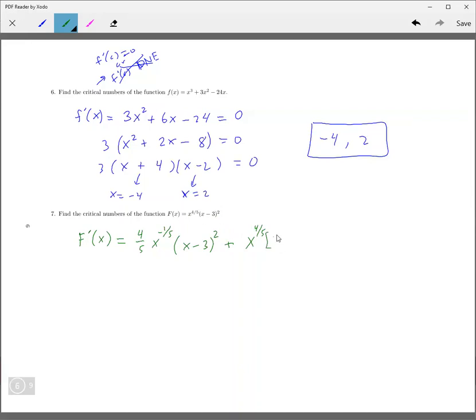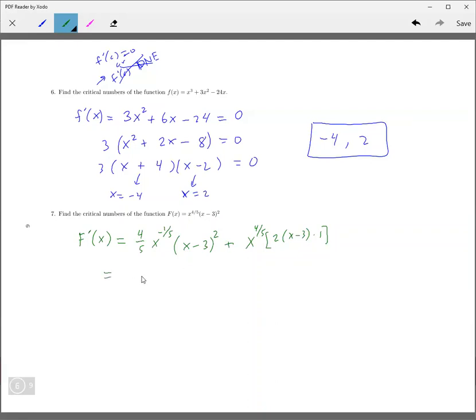Okay, this 2 is going to come down. This drops to the first power, which is just like we don't write any power at all. And then multiply the derivative inside. The derivative inside is just 1. Okay, the derivative of x is 1, the derivative of negative 3 is 0. That's just 1.